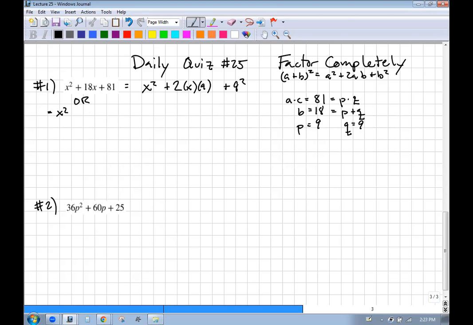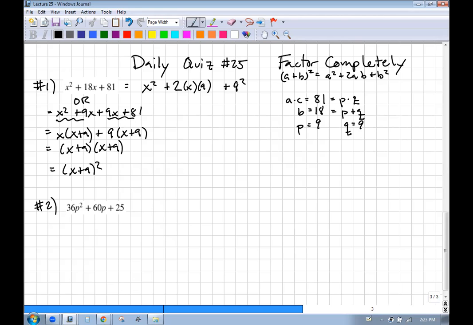So we rewrite 18x as 9x plus 9x. And then we group. Out of the first two terms, we could pull an x out, and out of these two terms, we could pull a 9 out. So what do we have here? We have an x and a 9, both multiplied by x plus 9, which is x plus 9 squared. So you can do it either way.